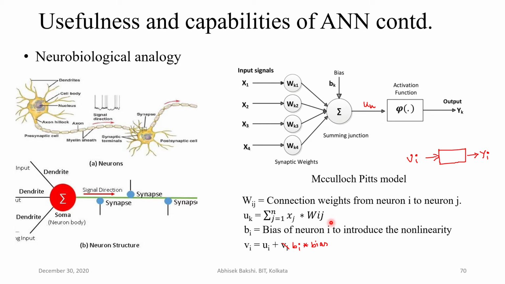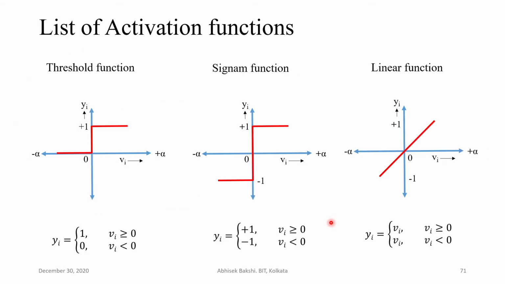So this addition of wixi is actually uk, and the bias into its synaptic weight, if you add them, becomes vi. That's why you see in the criterion: if vi is greater than or equal to 0, then yi, the output of the activation function, will be 1. So in the case of the threshold function, the output is either 1 or 0.